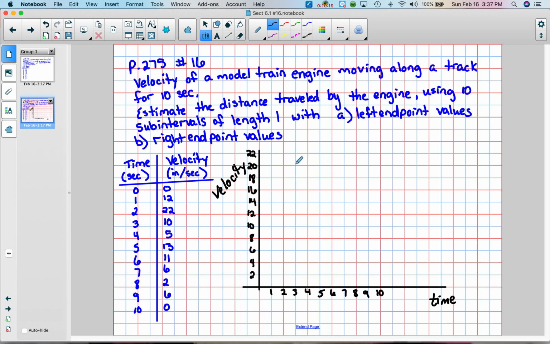And what I did was I put my time on my x-axis, my velocity on my y-axis, scaled that, and then I'm going to plot some points to get an idea of what's happening.